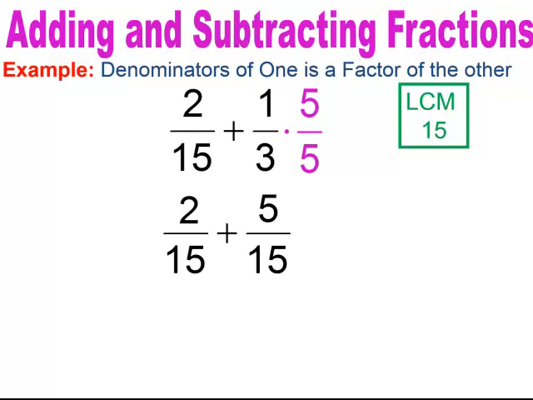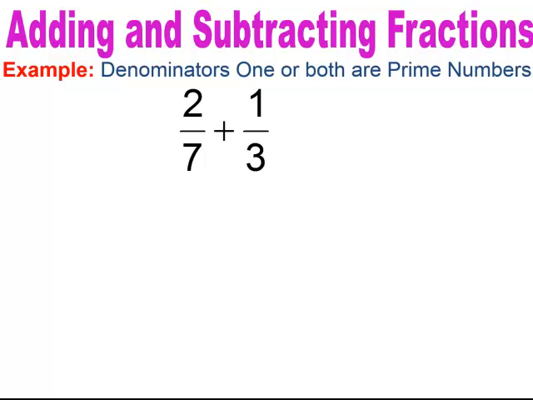So I'm going to end up with 5 over 15 as my converted fraction to have a common denominator so that I can add these two fractions together. Now that we have like fractions, I can add the numerators and I get 7 over 15. And if I could reduce, I would reduce.